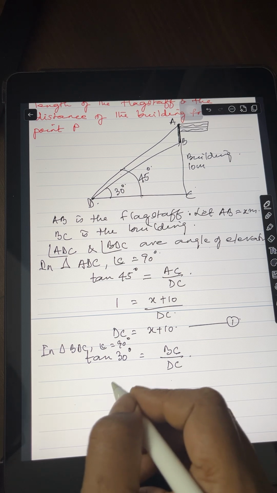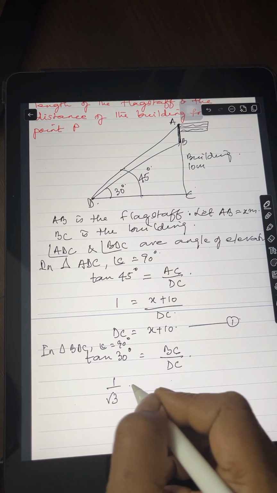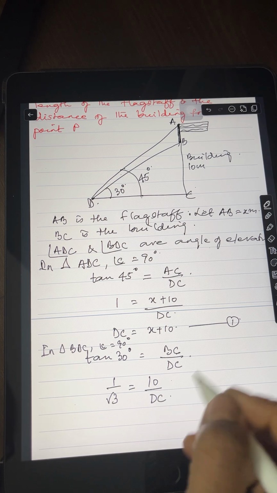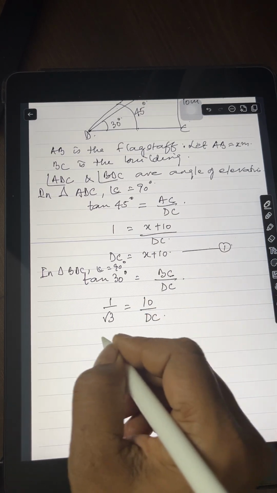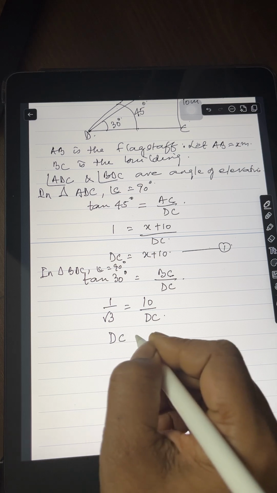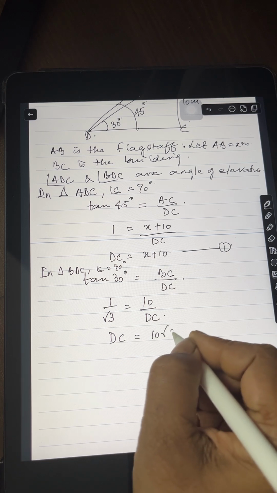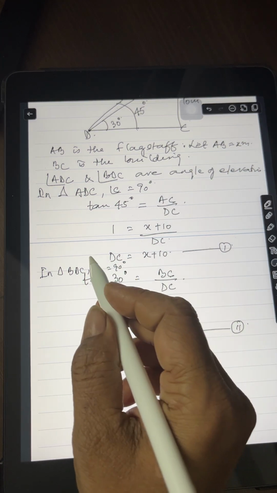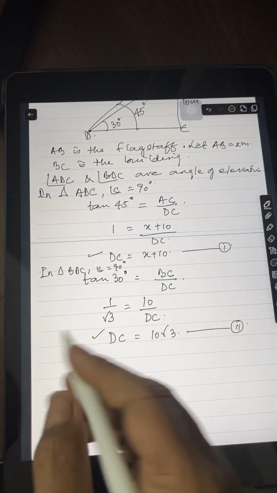Okay, what is tan 30? 1 by root 3. What is BC? BC is 10. What is DC? DC you don't know. Okay, so after cross multiplying, what do you get? DC is equal to 10 root 3. So take this as equation 2. Here also you have DC. Here also you have DC.